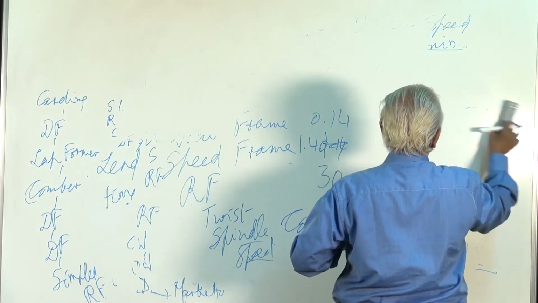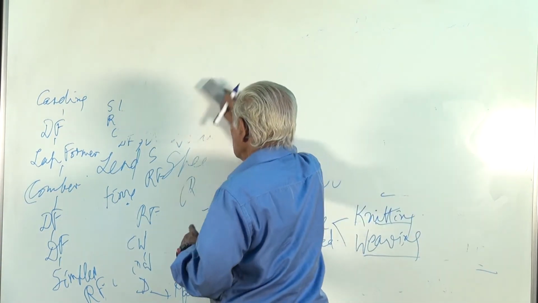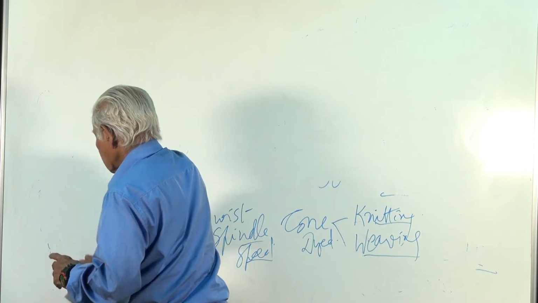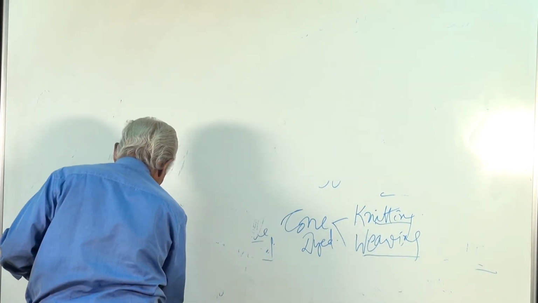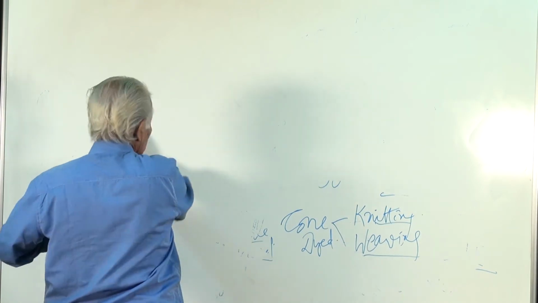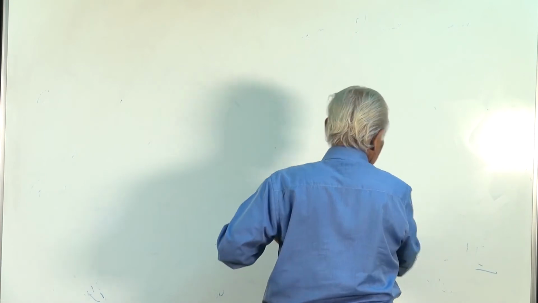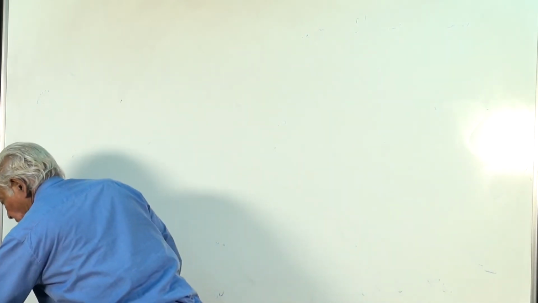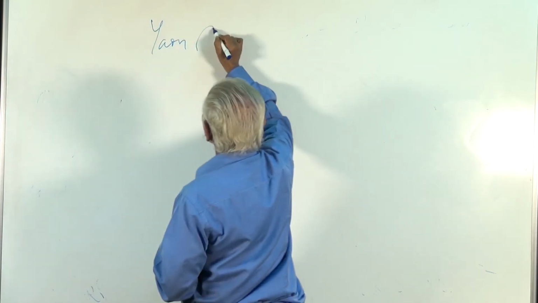Now compact yarn. Now the yarns are tested, and for marketing purposes certain properties are required in order to take a decision whether to buy the yarn or not. See, generally we get a yarn test report or yarn characteristics.